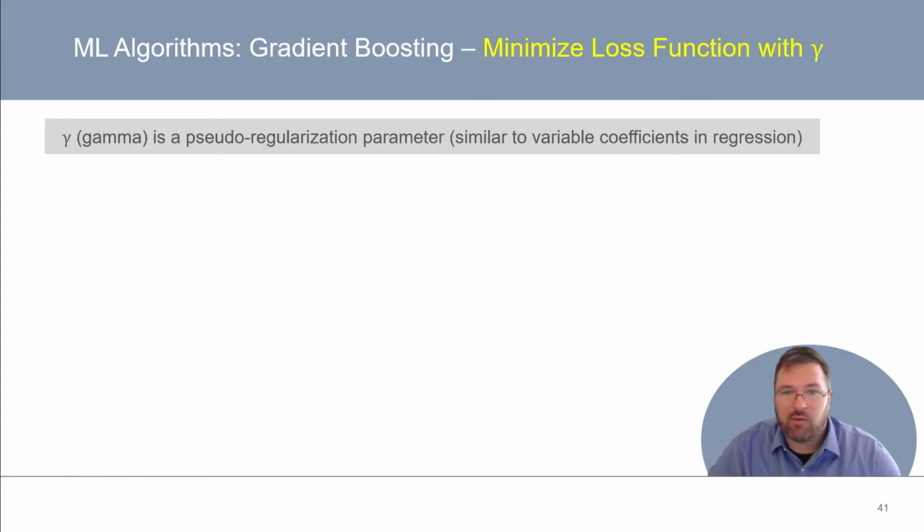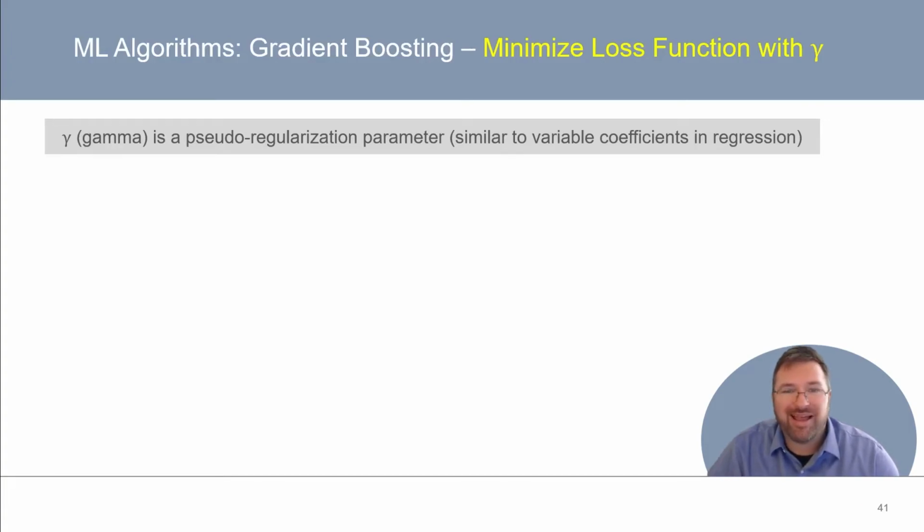Beyond learning rate, however, there is yet another parameter included when adding weak models to our meta model, and that is represented by the Greek letter gamma. Gamma is a pseudo-regularization parameter used to ensure minimization of the loss function of the current meta model when adding a new weak model. This parameter is similar in concept to the coefficients used to weight features in a linear or logistic regression model when training.